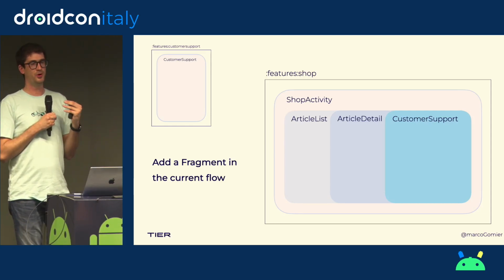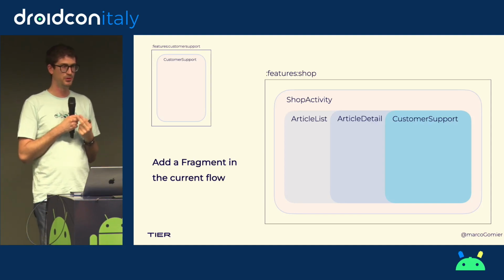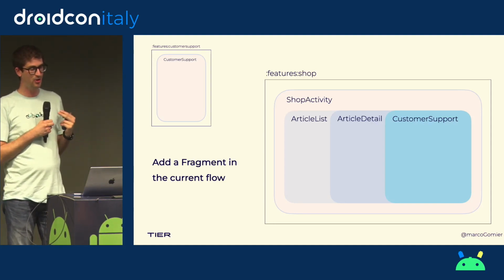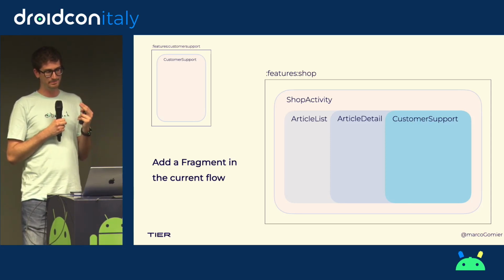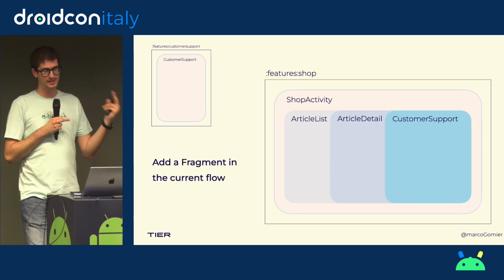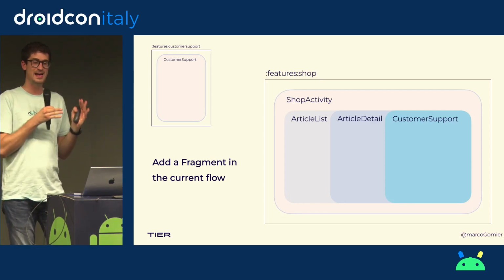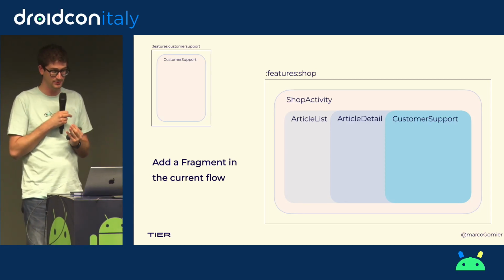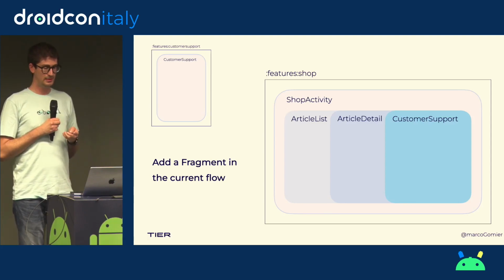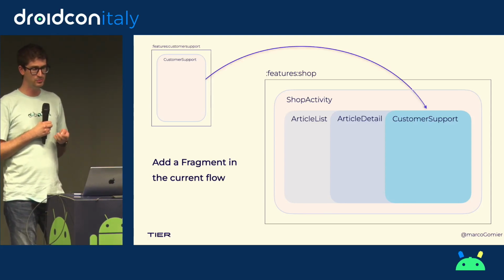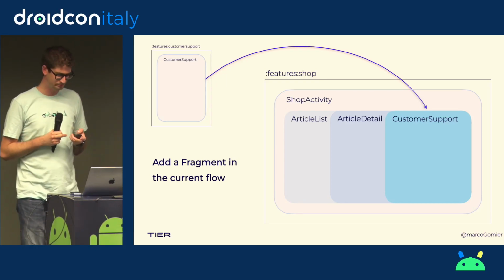And so at a certain point, we want to just call the customer support fragment because the policy of only successful purchases fails. But we don't want to start an activity for that because we want a complete, natural flow of different screens. So for this case, we just want to add a fragment from another module simply in the current flow.